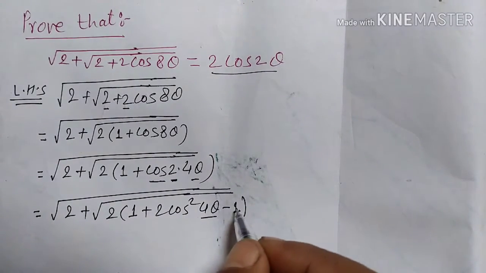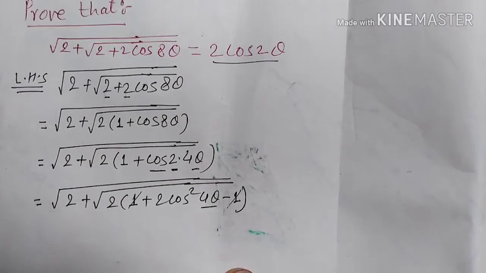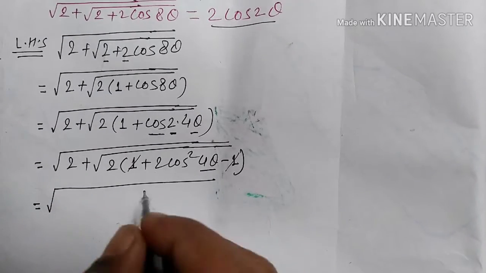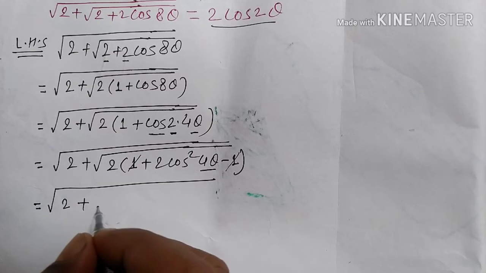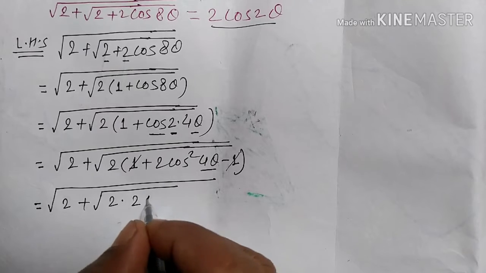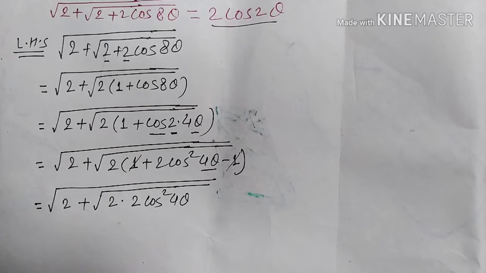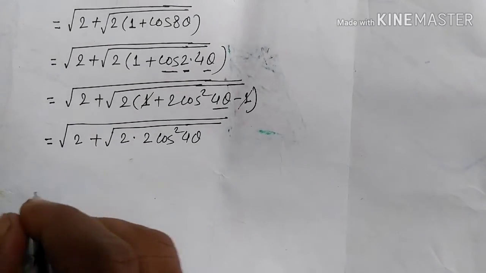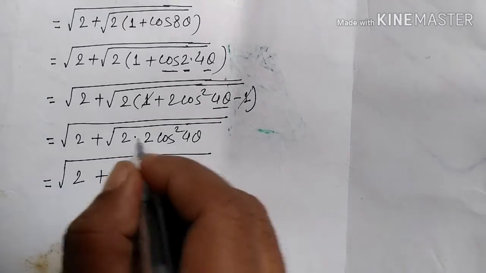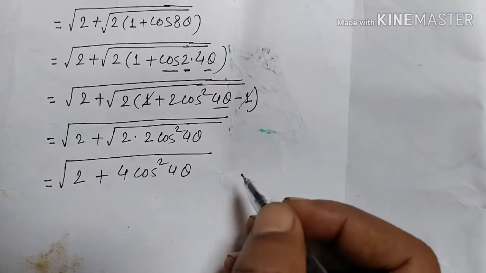Now you can see that this is minus 1 and this is plus 1, so they cancel out each other, and you get √(2 + √(2 · 2 cos² 4θ)). And this again can be written as √(2 + √(2² cos² 4θ)).